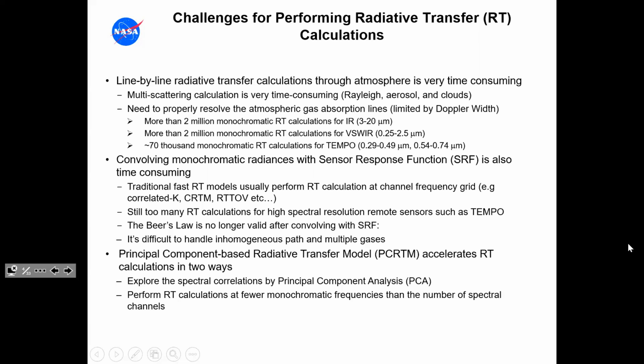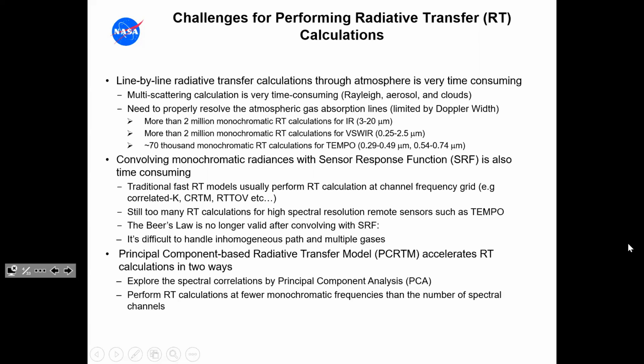In the lower atmosphere, it's more Lorentz line broadening, as you can tell from the radiative transfer theory or remote sensing books. So anyway, 2 million radiative transfer calculations are too time demanding. There's no way you can use that for satellite remote sensing applications.